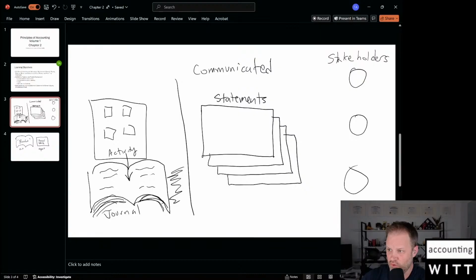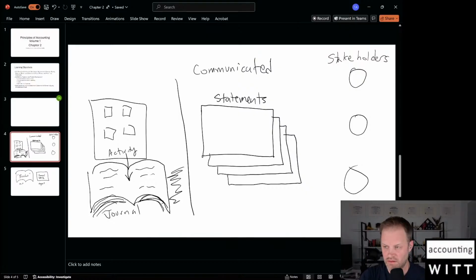So there's 4 financial statements. So the 4 standard financial statements: balance sheet, income statement.